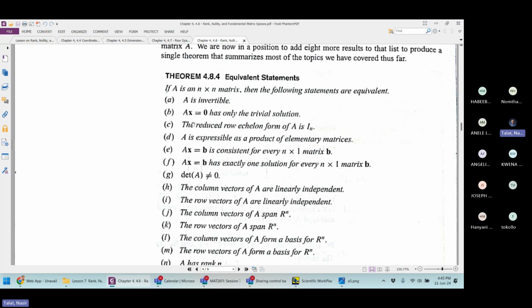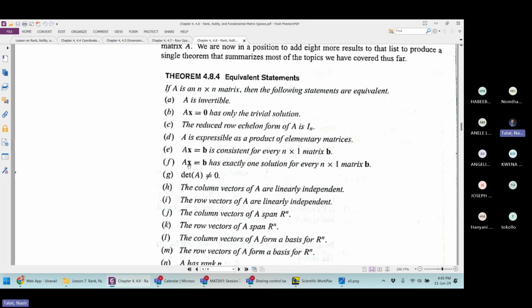And A can be reduced to the identity matrix because it's a square matrix. And A can be expressed as a product of elementary matrices, which I hope you saw in linear algebra 1. And Ax equal to B is consistent for every n cross 1 column matrix B, because if A is invertible, Ax equal to B has a unique solution.